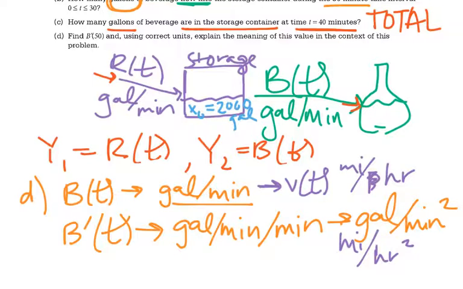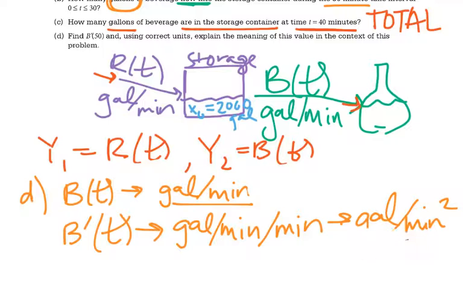So that's what we're thinking about. We're taking the derivative of a rate. Velocity is a rate. The flow out rate in this problem is what we're taking the derivative of. And we get something sort of like acceleration, where it's the rate of change of the rate. So, okay, that's just thinking about units.